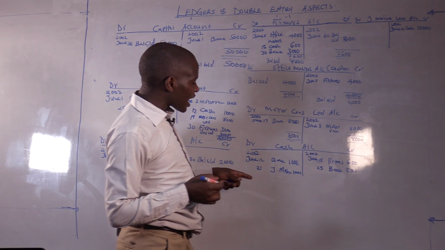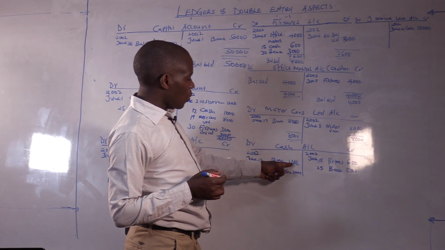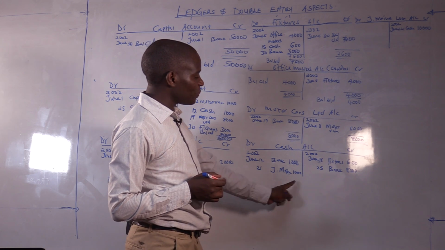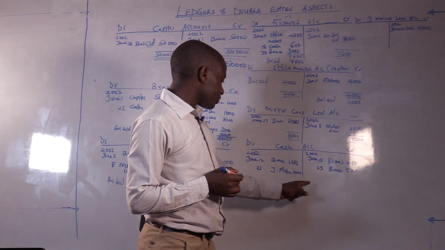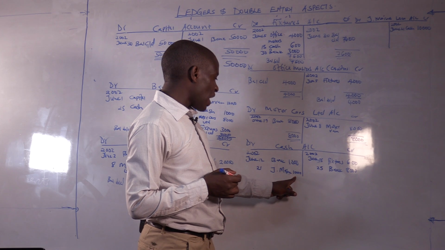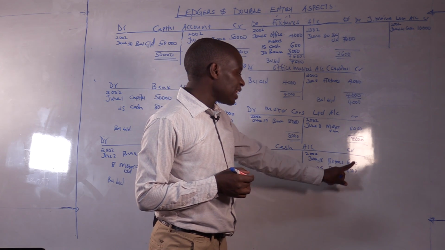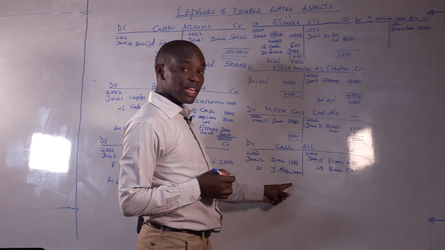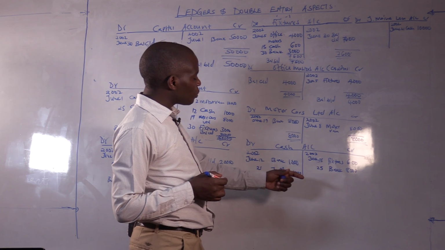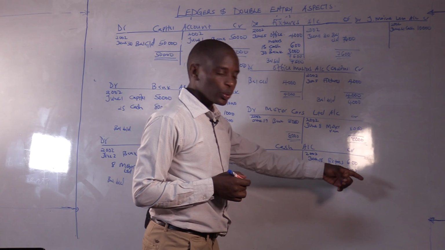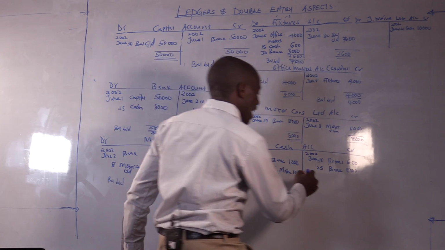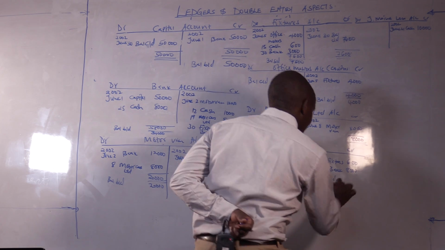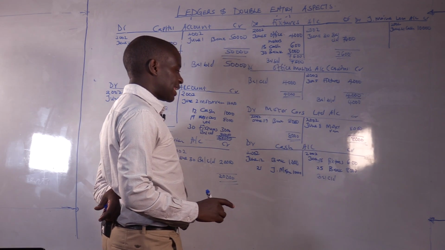So for cash account, this side we have 1,000 plus 10,000, that is 11,000. This side we have 600 plus 8,000. So this is 8,600 and this is 11,000. So meaning that this side has more compared to this one. So we shall have a balance carried down in that particular case.